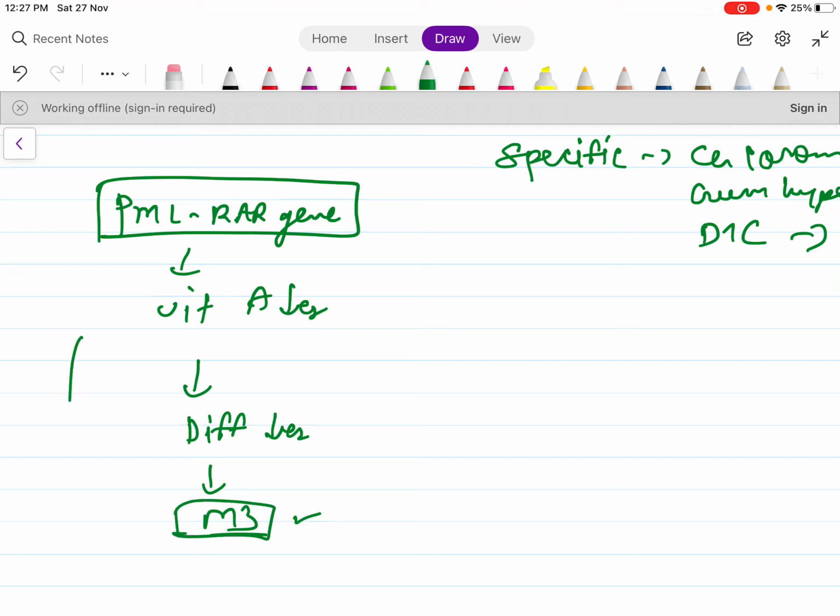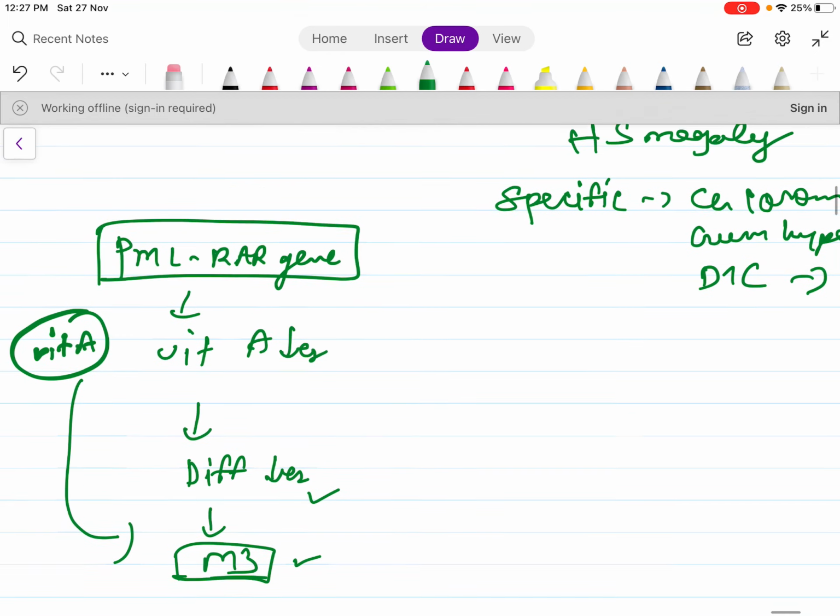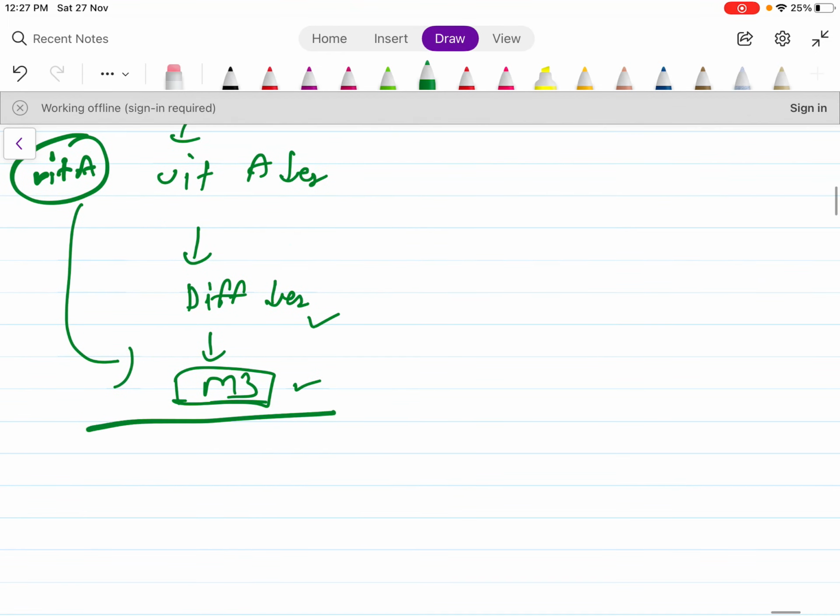So if we give this vitamin A from outside, then this cell will start differentiating, and the cancer cell will be converted into the normal cell. So this is a type of disease where we can use vitamins to treat the cancer. So this is the cancer that is treated by vitamins. This is the good part of this M3.